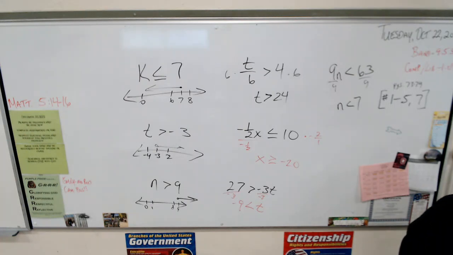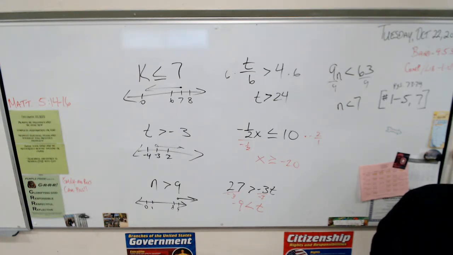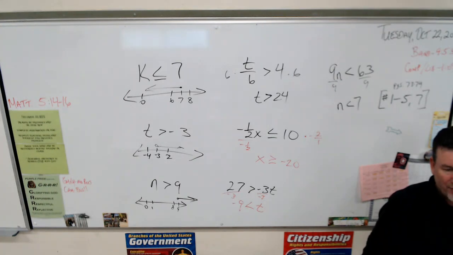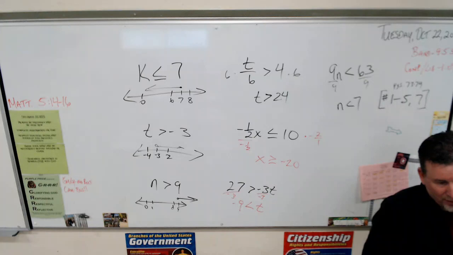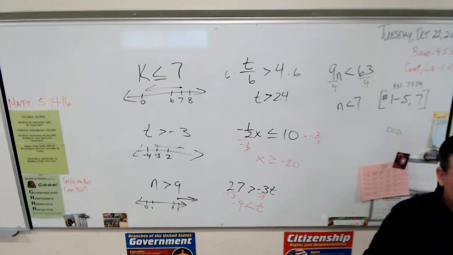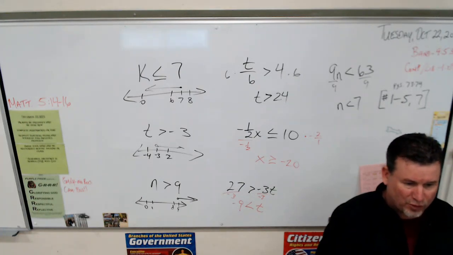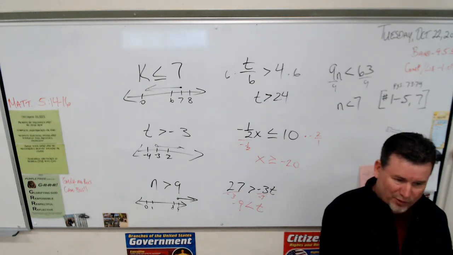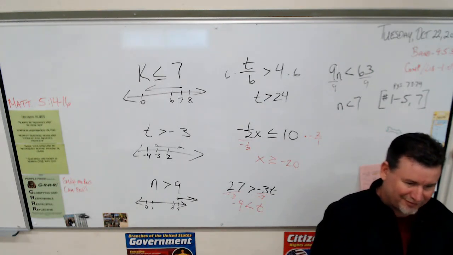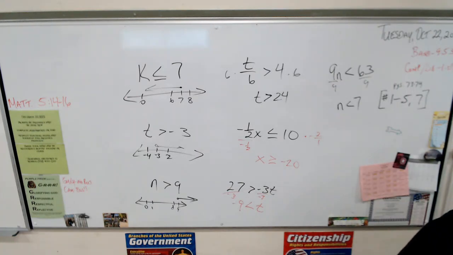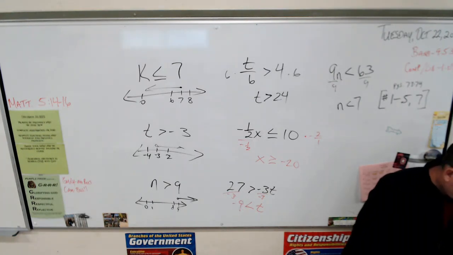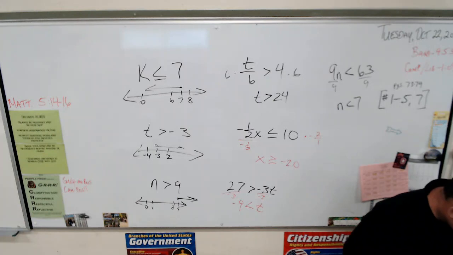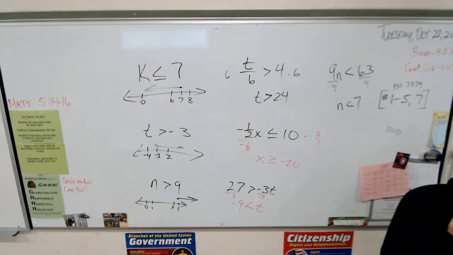Your homework is 9 through 24. Sorry. Every once in a while you have homework. When you go home and take your nap after school, then you'll wake up and you'll be refreshed to do your homework if you haven't. 9 through 24, page 148.